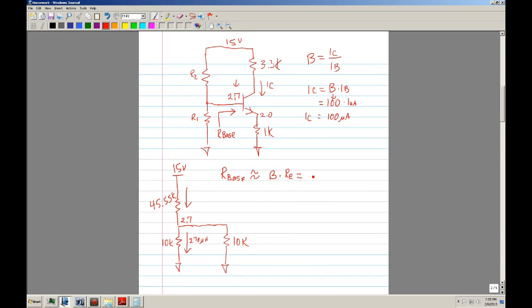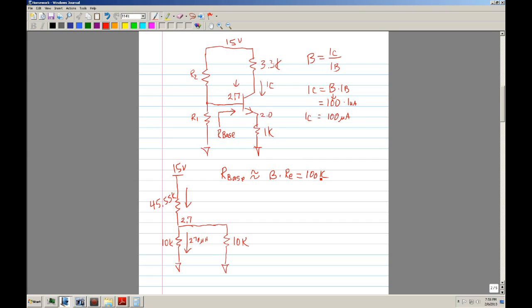Well, if you go back here, beta's 100, of course, and then according to our circuit, the emitter resistance is 1K. So what would be the base? 100 times 1K. Oh, 100 times 1,000, sorry. That's 100K.